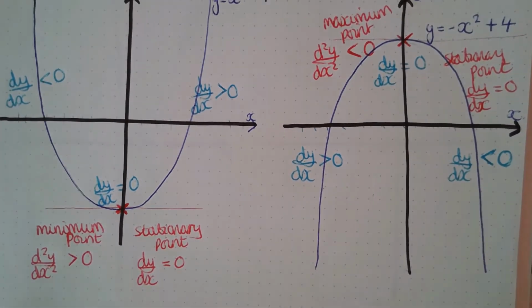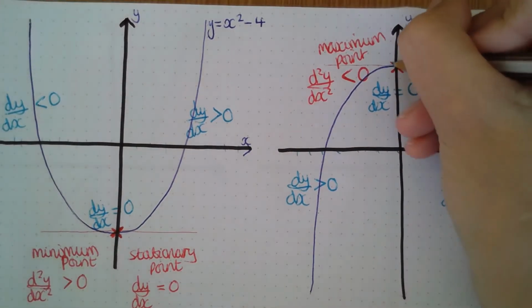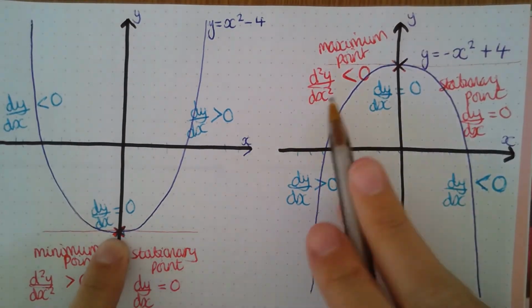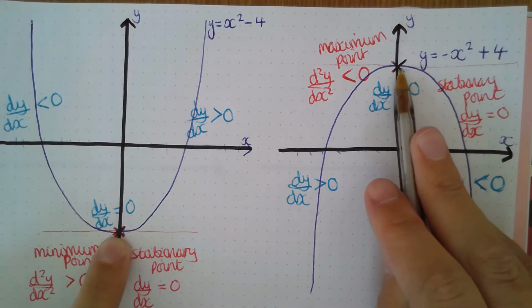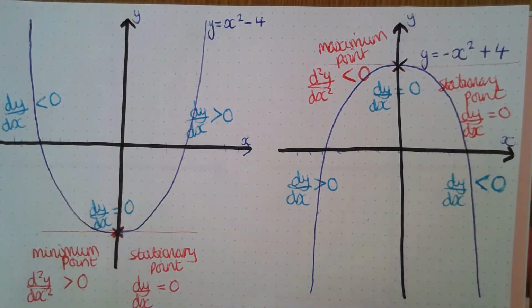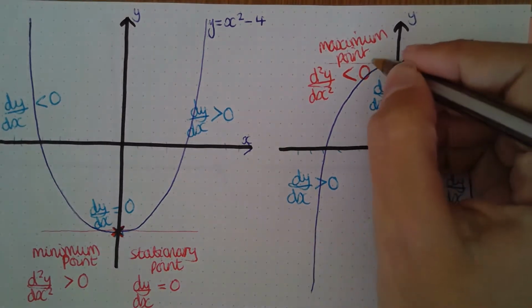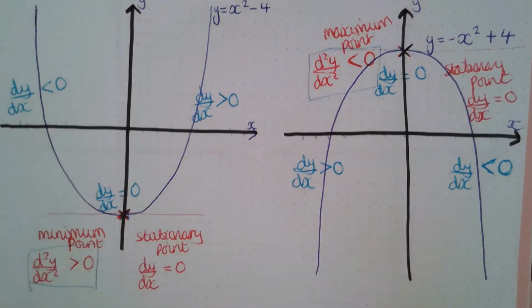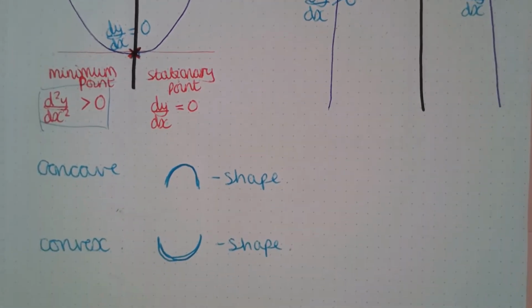We need to look at how we show that it's concave and convex. This is the maximum point and this is the minimum point, but that's just at one point on each graph, whereas we need to find the range of values for concave and convex. So we use the same principle: a second differential less than or greater than 0.